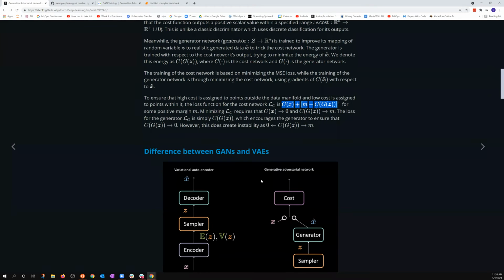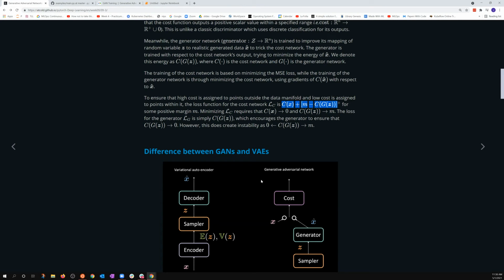Right. But what still is somewhat confusing to me is if the loss of the generator is simply the cost of the output, like C of G of Z. Now, as we have stated, to the extent that C of G of Z approaches M from the right side, meaning it's slightly over M, then the second part of the equation becomes negative, and we take the positive part, which is 0.